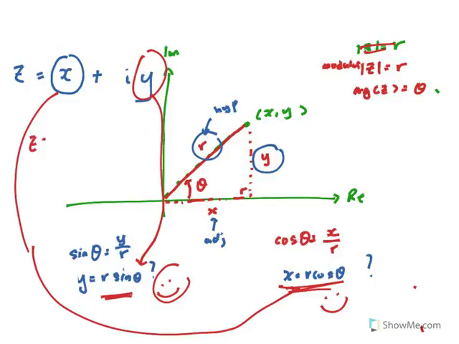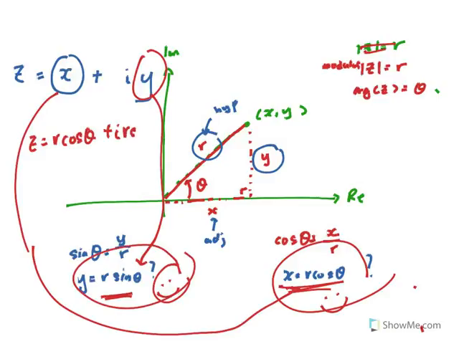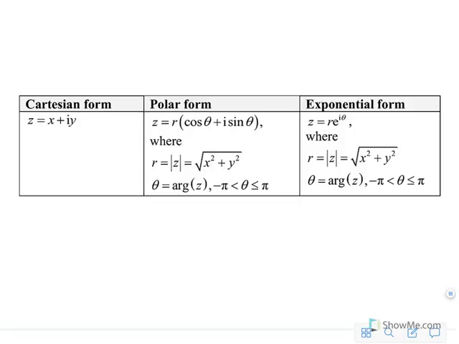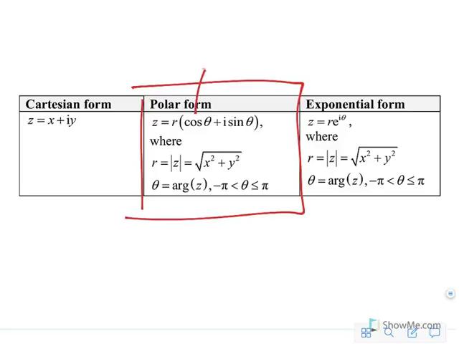So our coordinate x can be written as r cos theta. y can be written as r sin theta, multiplied by i. And this is what we call the polar form of a complex number. So with that, you are introduced to your second form, which is the polar form, where your z is nothing but r cos theta plus i r sin theta.